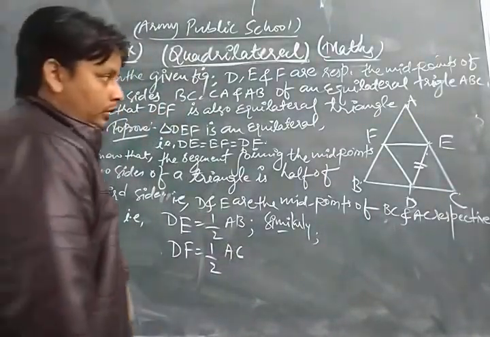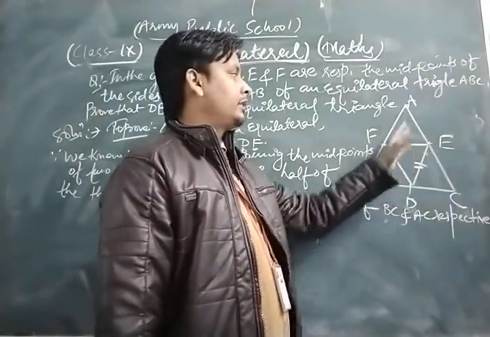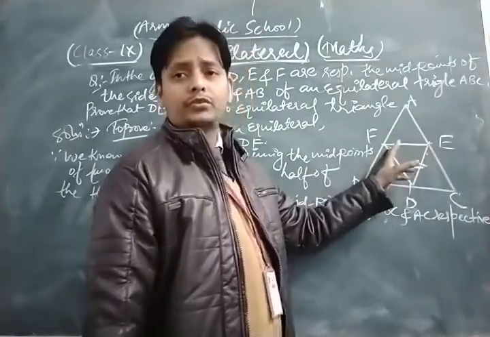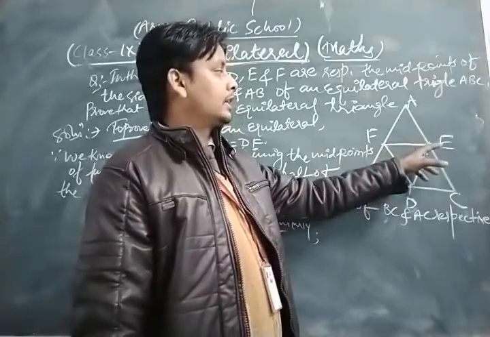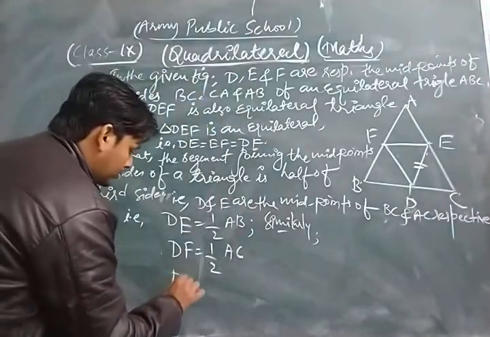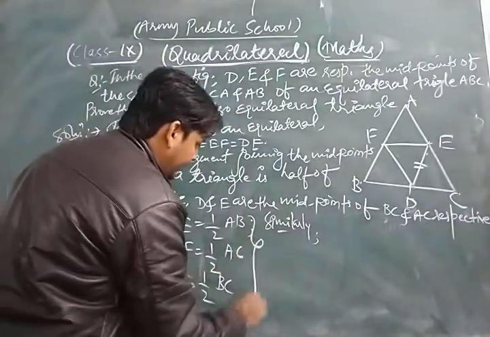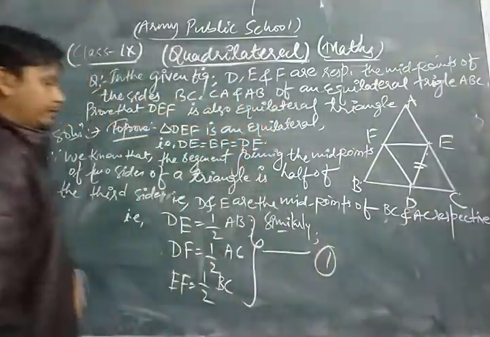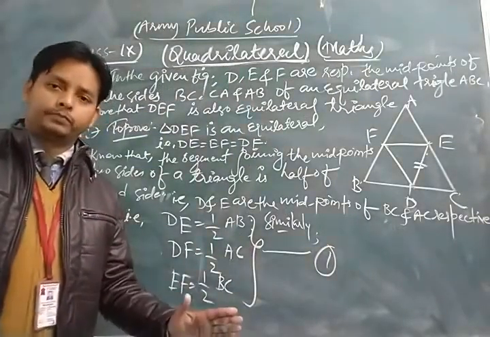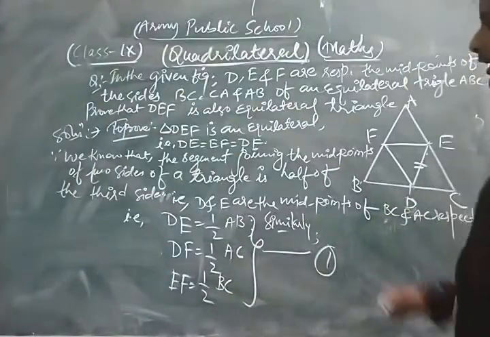And now look, E and F are the midpoints of the sides AC and AB respectively, so the segment EF is equal to half of BC. We take these as equation number 1, according to the theorem.